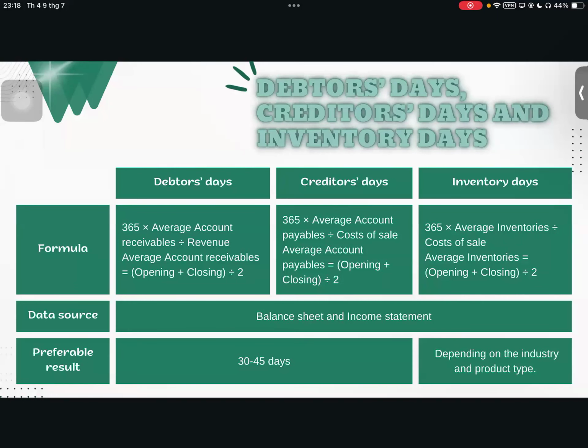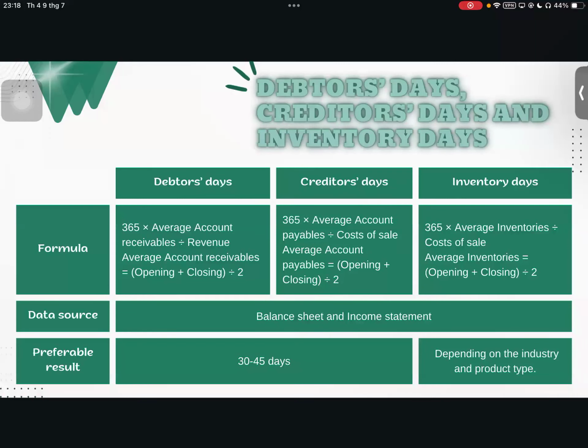A healthy business should be able to pay off all its creditors within a predictable range. So the formula here is 365 multiplied by average account payables and divided by the cost of sales. And average account payable here is equal to the average between opening and closing figure.